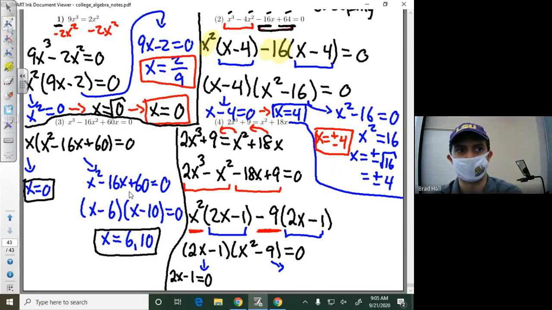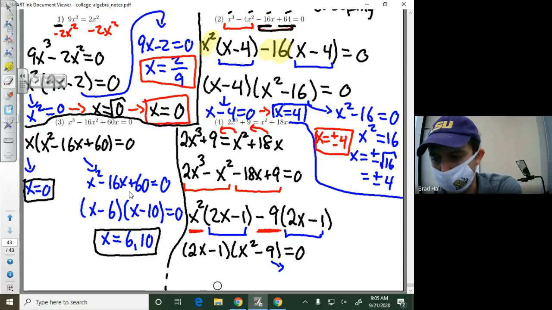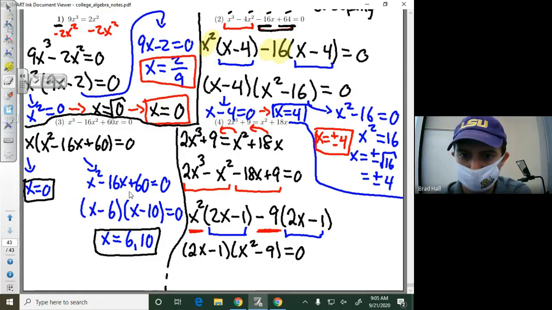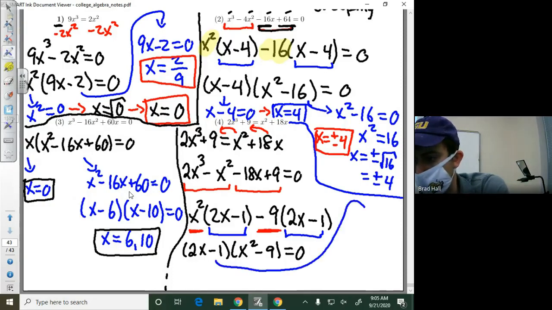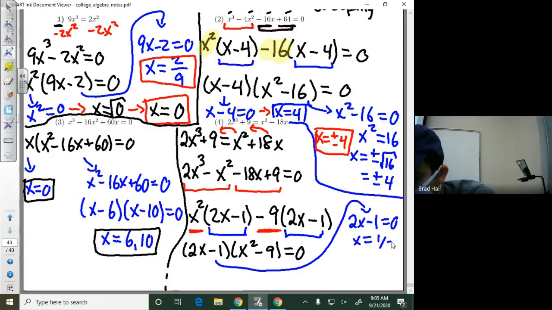So one of them, 2x minus 1 is equal to 0, which we can solve pretty quickly as 1/2.